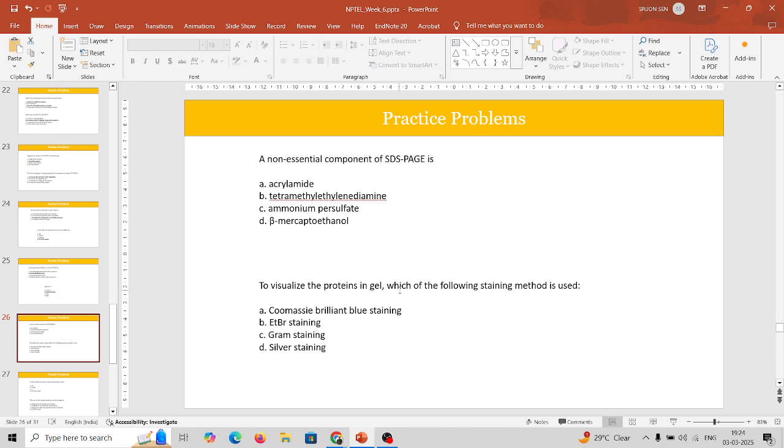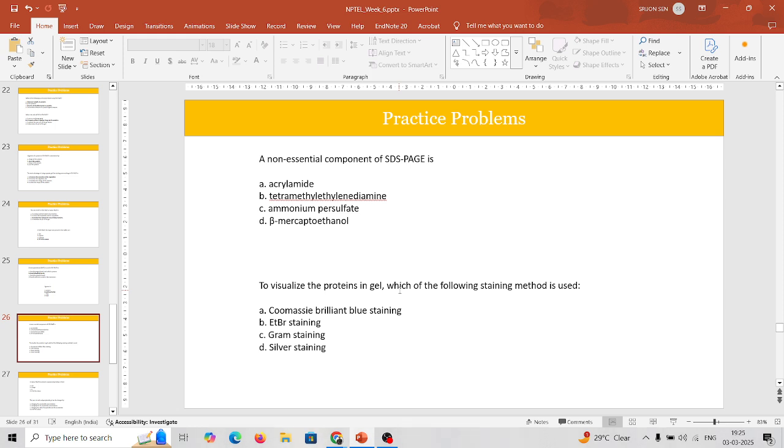So the non-essential component in SDS page is acrylamide, tetramethyl ethylene diamine, that is the TEMED, ammonium persulfate APS, and the beta mercaptoethanol BME. So which among the four is a non-essential component? Okay, so polyacrylamide is not important over here.